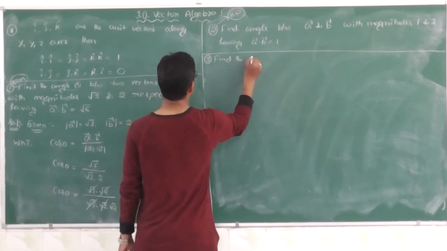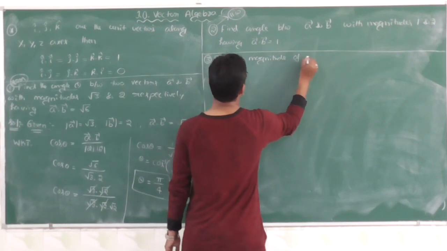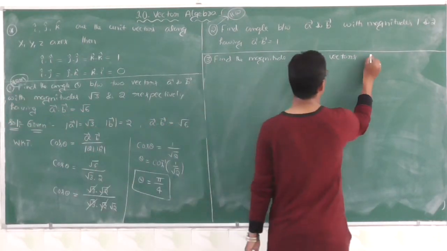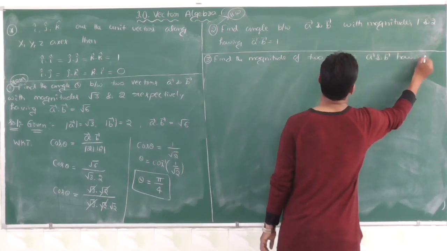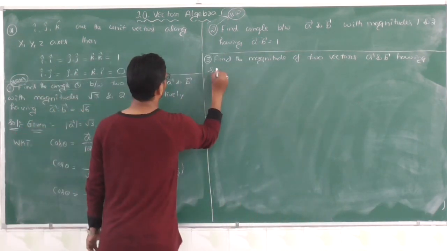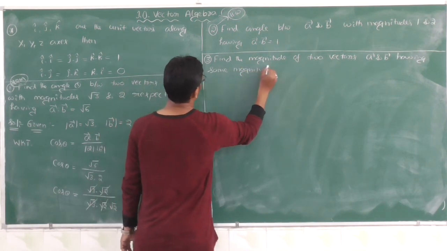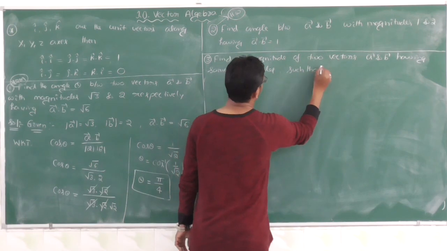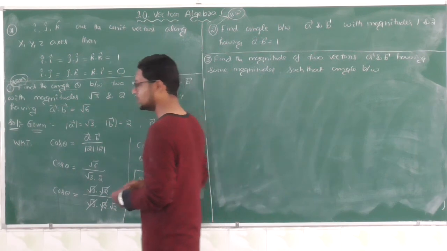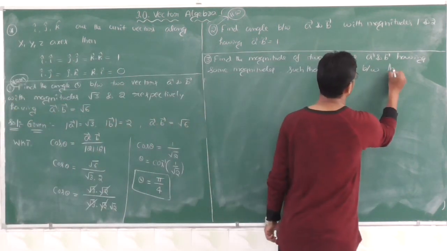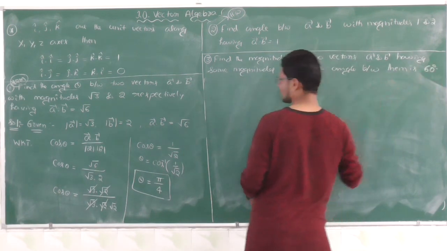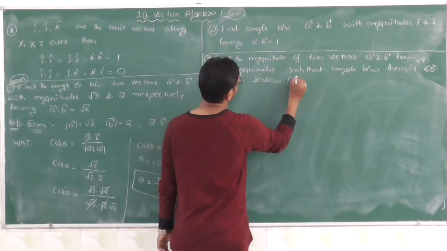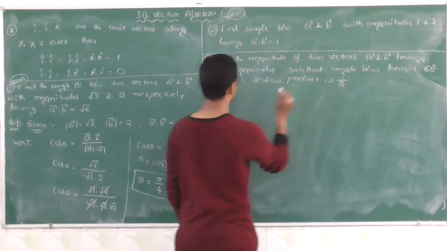Find the magnitude of two vectors, A vector and B vector, having same magnitudes, such that the angle between them is 60 degrees and their scalar product is 1 by 2. Solution.